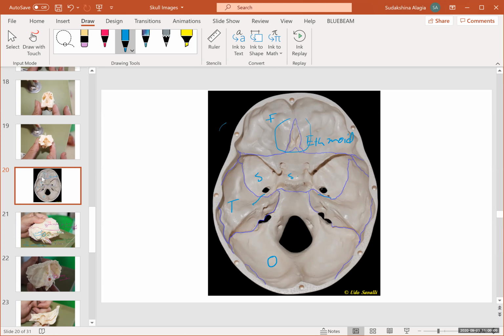See the sella turcica, the lesser wings of the sphenoid, the greater wings of the sphenoid. Can you see that within the cranium? The pterygoid process.